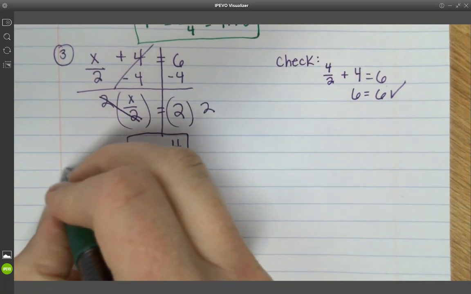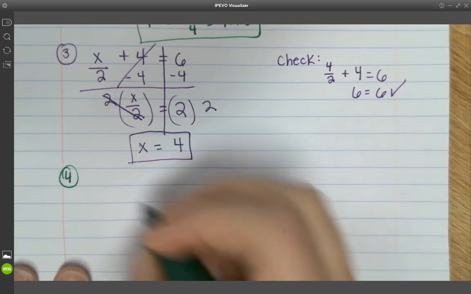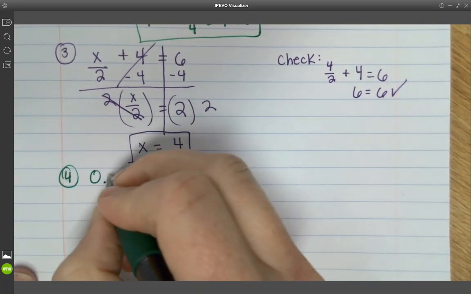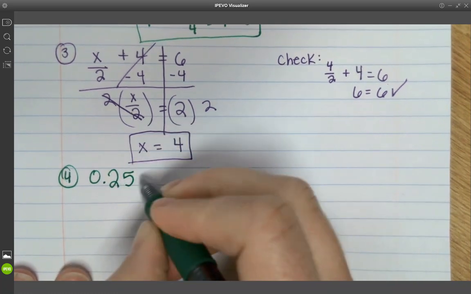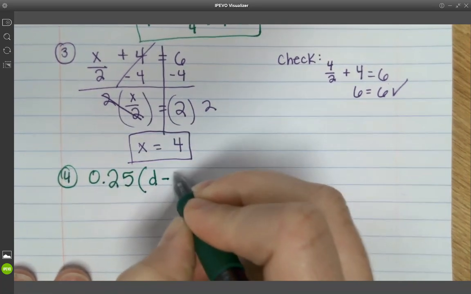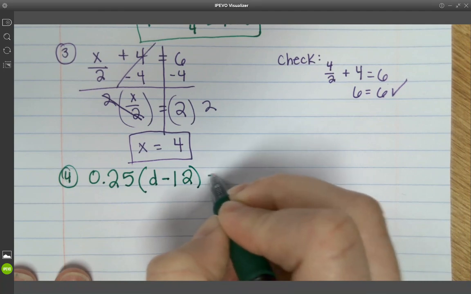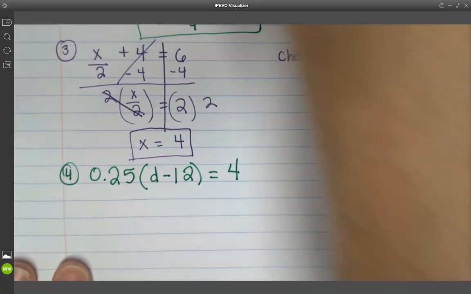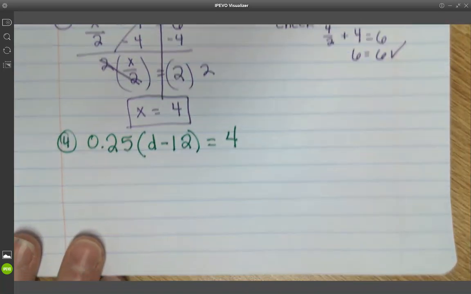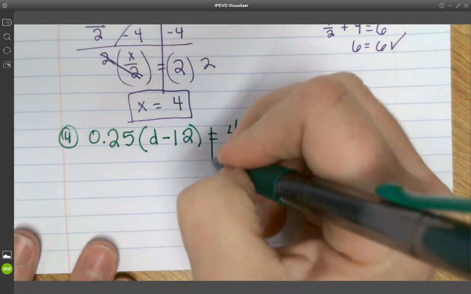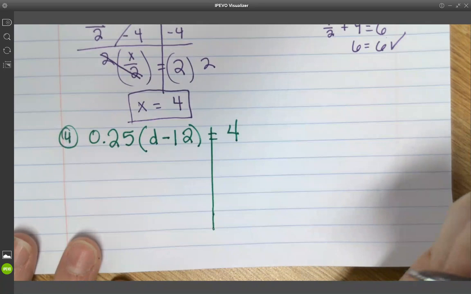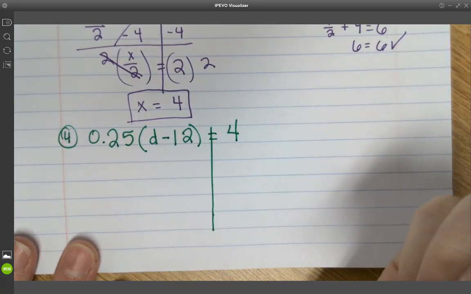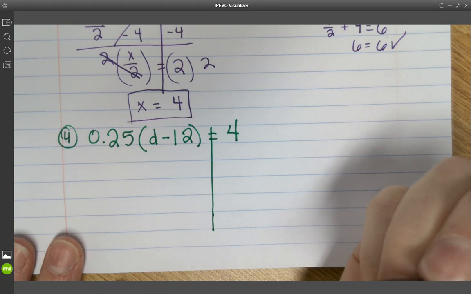Okay, let's go to example 4. 0.25 parentheses d minus 12 equals 4. This is our last example for today. Okay, step 1, what are we going to do?